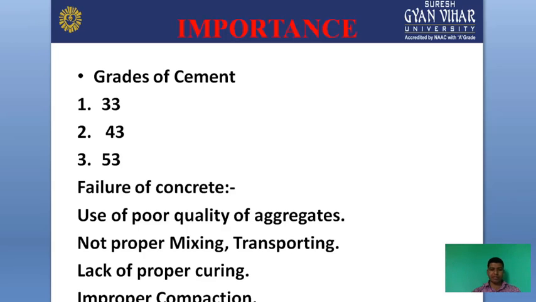These are the factors behind the failure of concrete in a structure. We have to maintain proper quality of aggregate, proper mixing, transporting, proper curing and solid compaction, which are needed for long and durable structures.